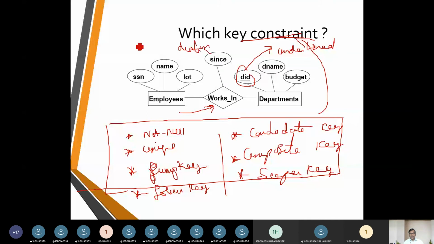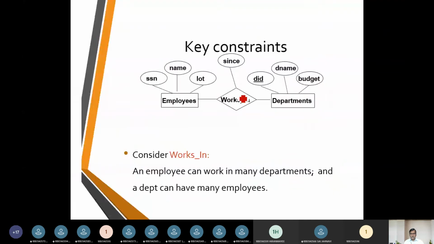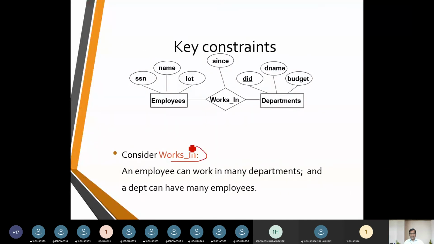That duration is going to be mentioned as from duration, etc. So yes, the works-in relationship is there. An employee can work in a department, and there can be many employees in that department.